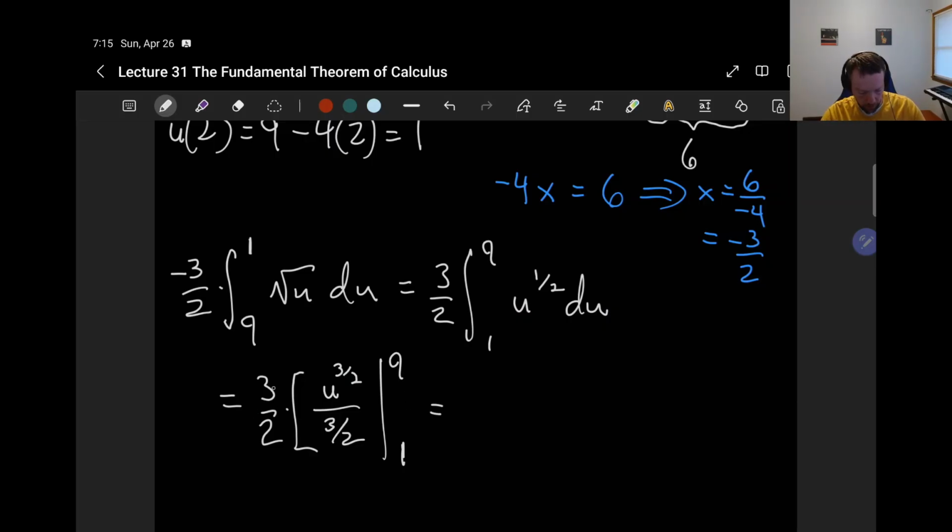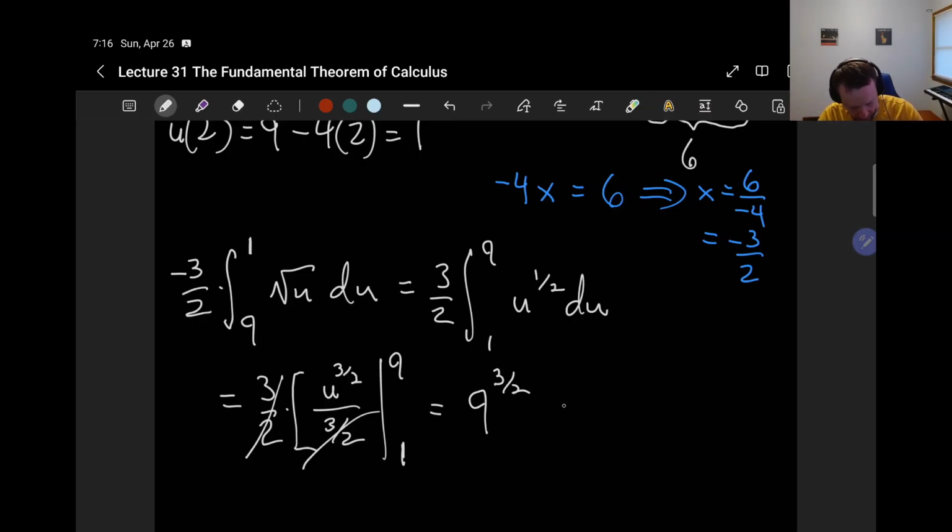Notice I'm multiplying by 3/2, and each little term in this I'm dividing by 3/2. These will cancel out. So I really just need to worry about this u to the 3/2. You could include them for a little while and cancel at a later step. This is just more convenient.